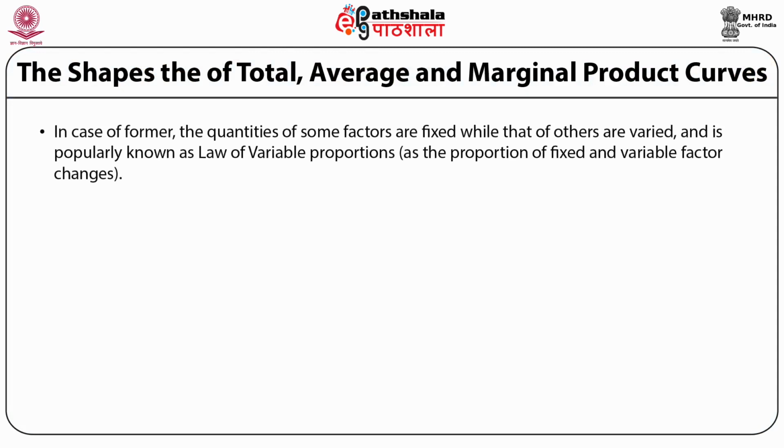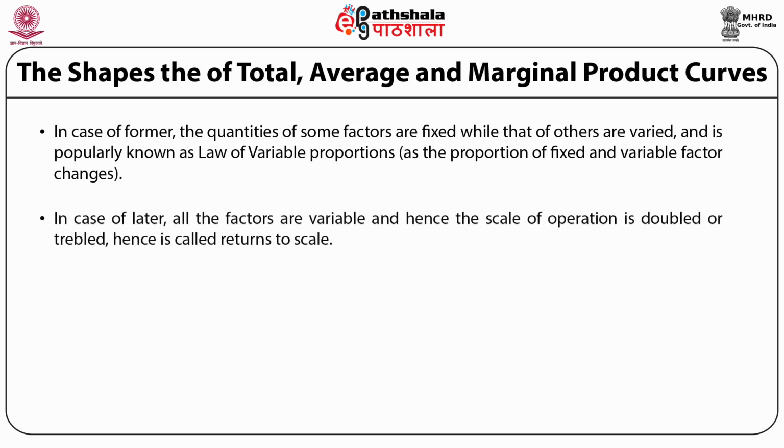In case of the former, the quantities of some factors are fixed while that of others are varied, and it is popularly known as the law of variable proportion, as the proportion of fixed and variable factor changes.